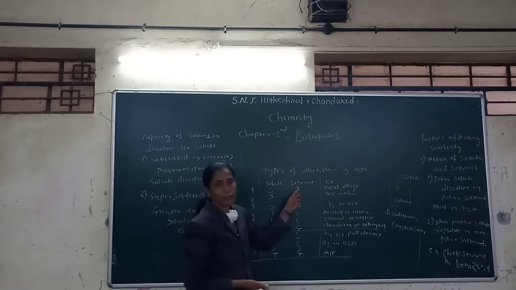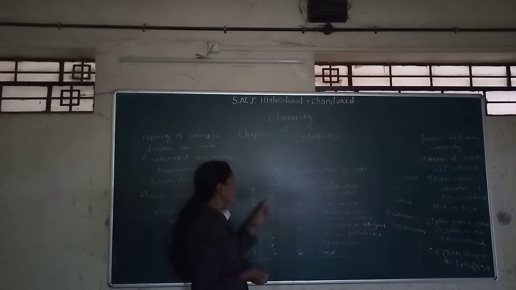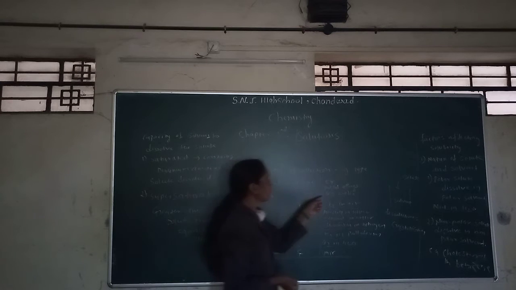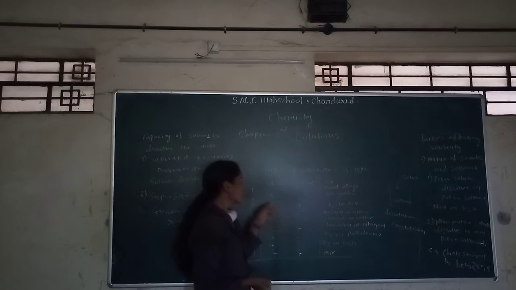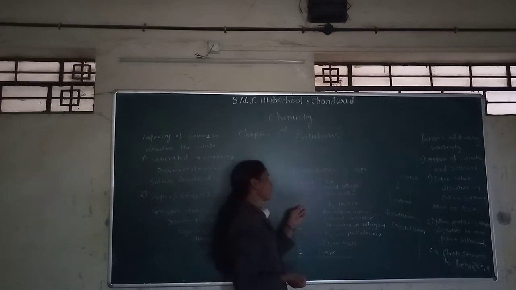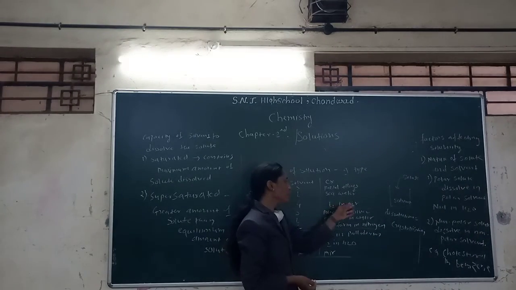First, solid in solid means metal alloy. Then second, solid in liquid means seawater. Seawater contains liquid in which solid particles are dissolved. Again, solid in gases means I2 in air.